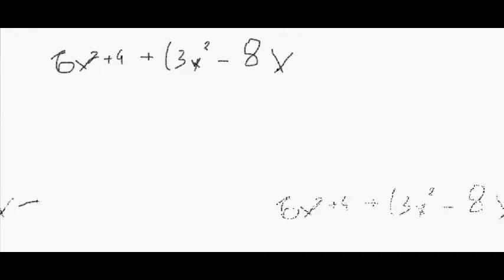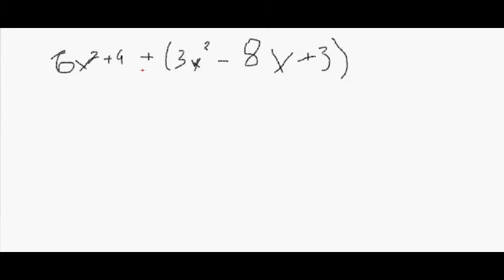Number 20. So number 20 is, let's say we have 6x squared plus 9 plus, and then parentheses, 3x squared minus 8x plus 3.